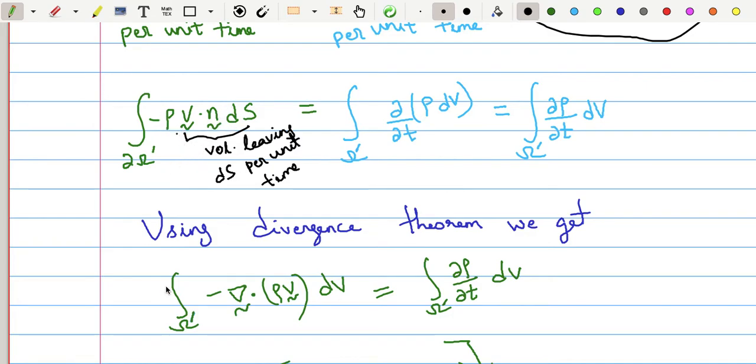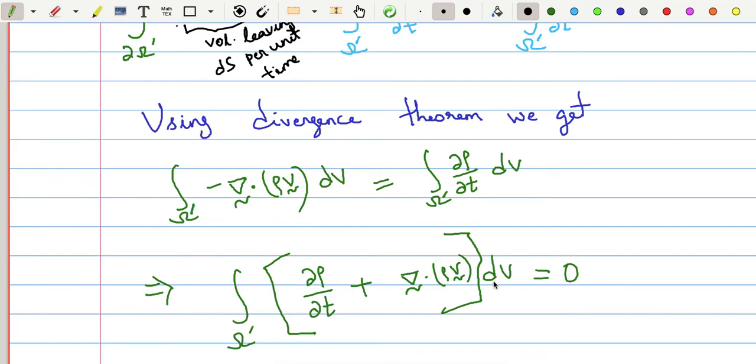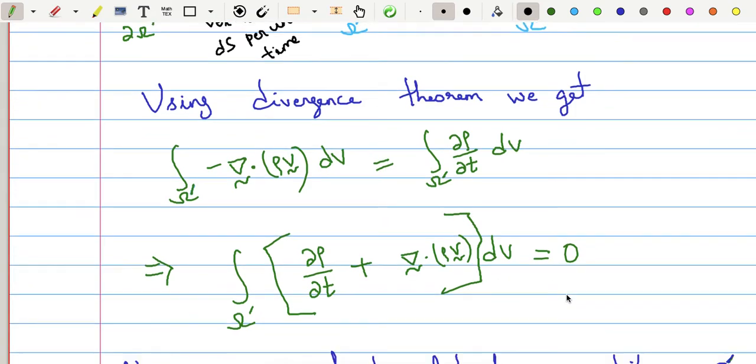So this surface integral becomes a volume integral, and this term becomes minus divergence of rho times velocity dV. Now both terms are volume integrals over the same subdomain, so I can club the two terms, and I end up with the partial time derivative of density plus the divergence of rho times velocity, integrated over dV, equals 0.